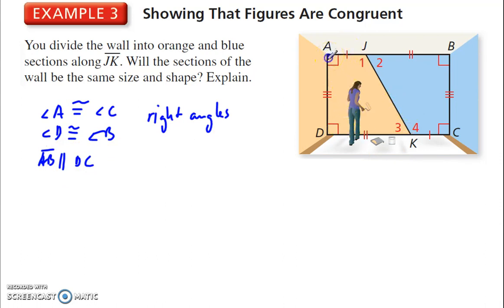Because we've got perpendicular lines, right? They're each at a right angle to this line. So, perpendicular to transversal.